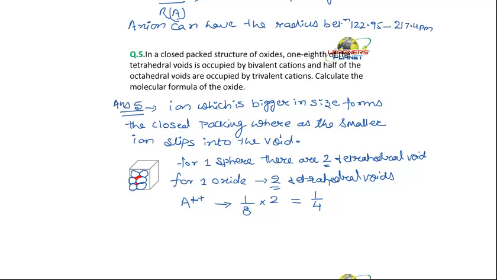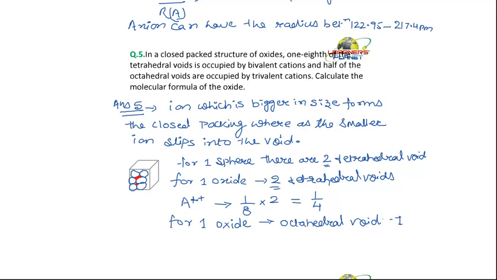So for one oxide, how many octahedral voids are there? There is one octahedral void, right? So it is half of the octahedral void that is occupied.